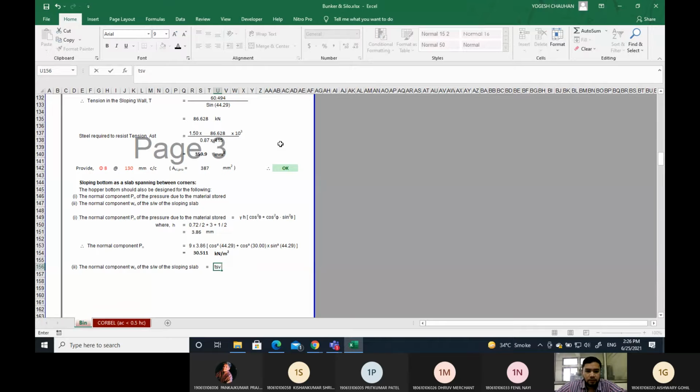So it is Ts times the density of concrete, that is 25. This is the Ws, or simply first we write Ws cos theta.